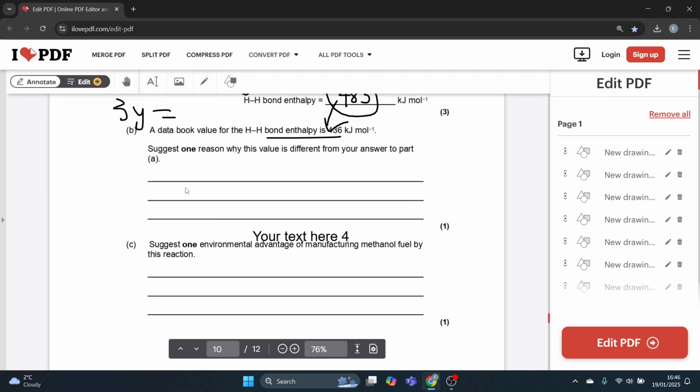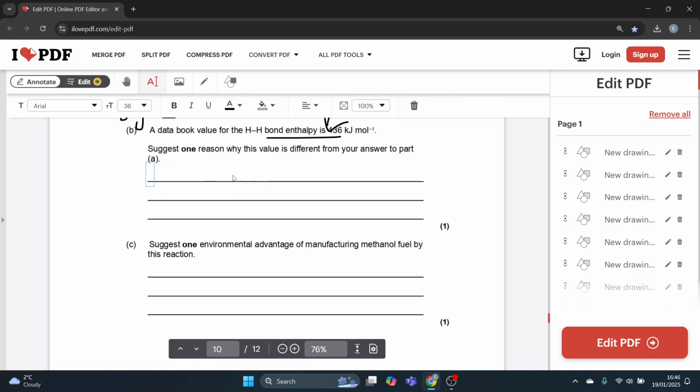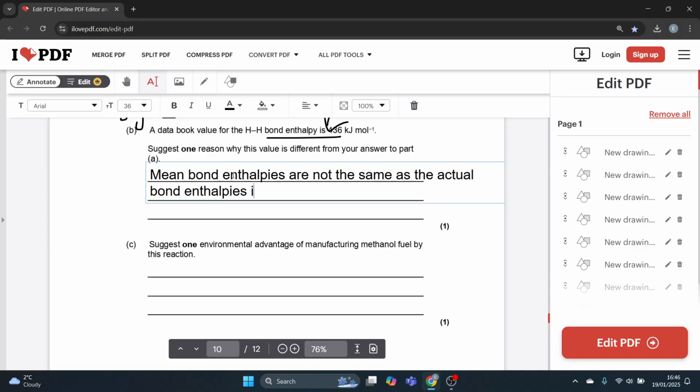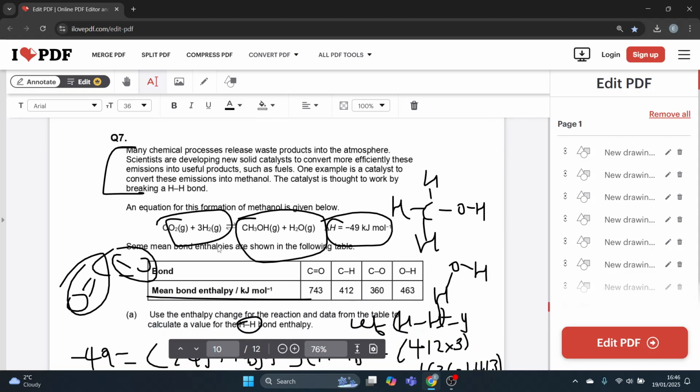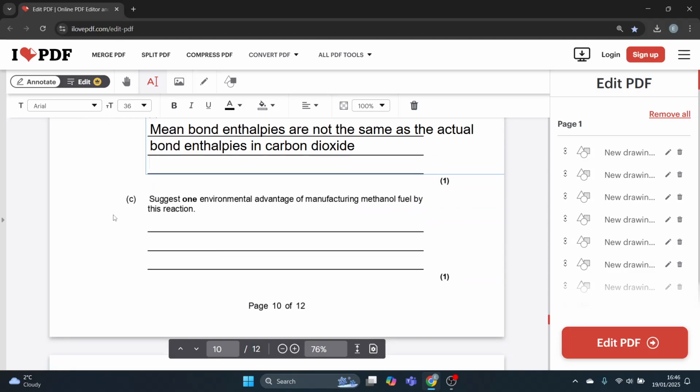So I'm going to have to say that mean bond enthalpies are not the same as the actual bond enthalpies in methanol or in carbon dioxide in this case, and therefore the value is going to be slightly different, so by 2 in this case, 438 to 436, what the data book value says, because they're not the same as the actual values in carbon dioxide, for example, or water, or methanol and water.